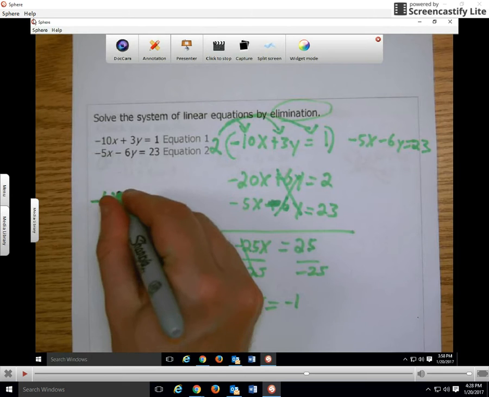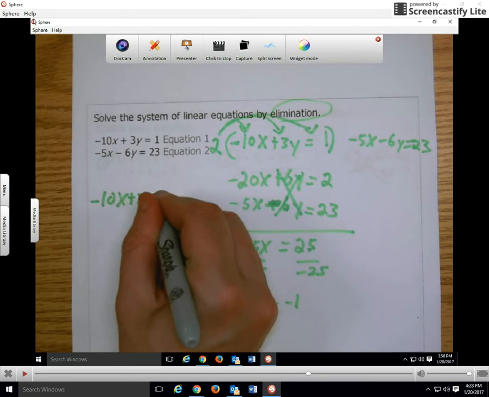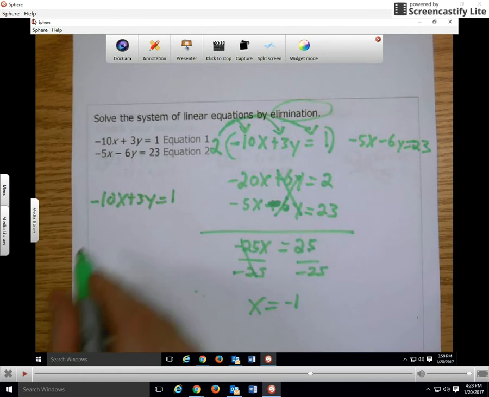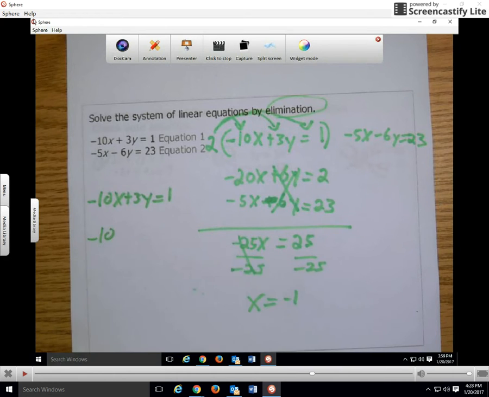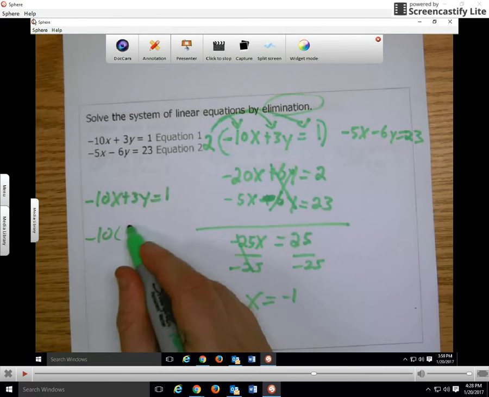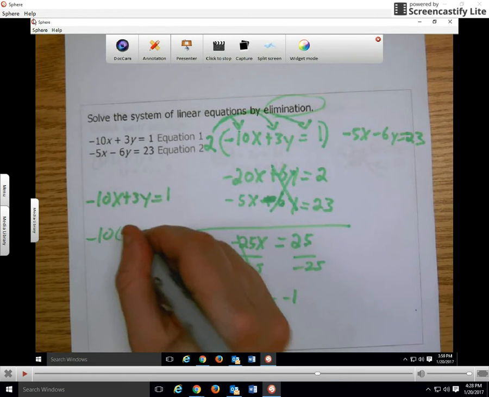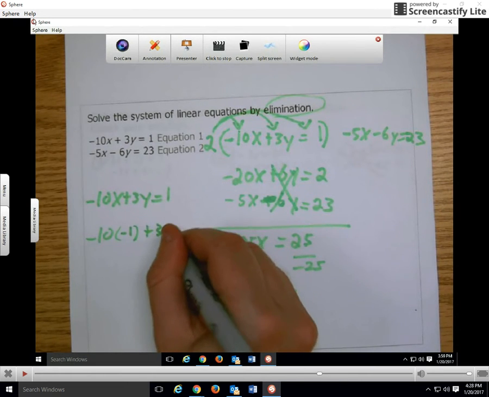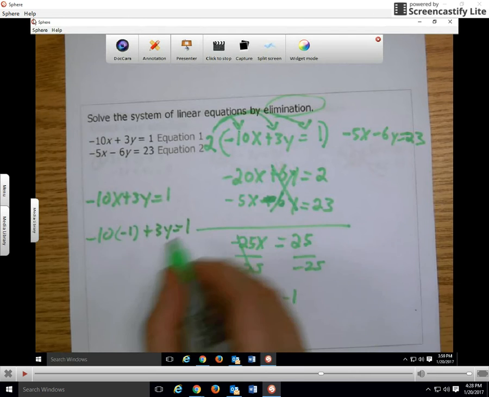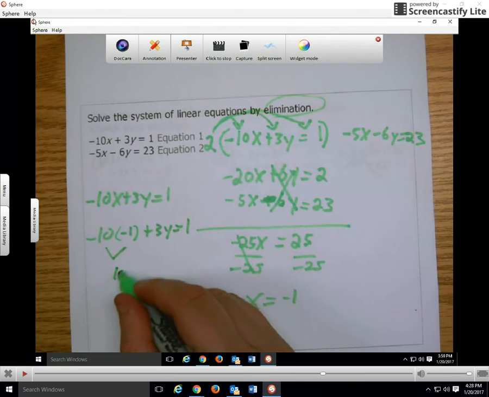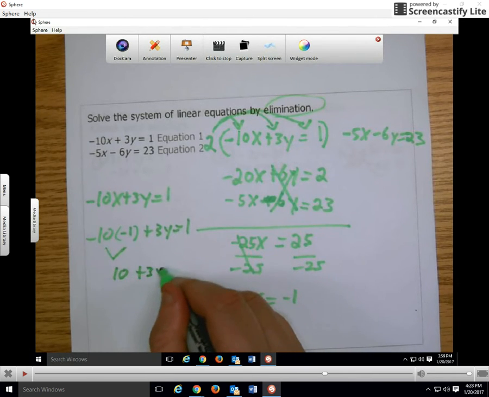So negative 10x plus 3y equals 1. Negative 10, but instead of an x, we now know that x is a negative 1, so I'll substitute in a negative 1, plus 3y, I'll just bring everything else down, equals 1. Negative times a negative, so positive.